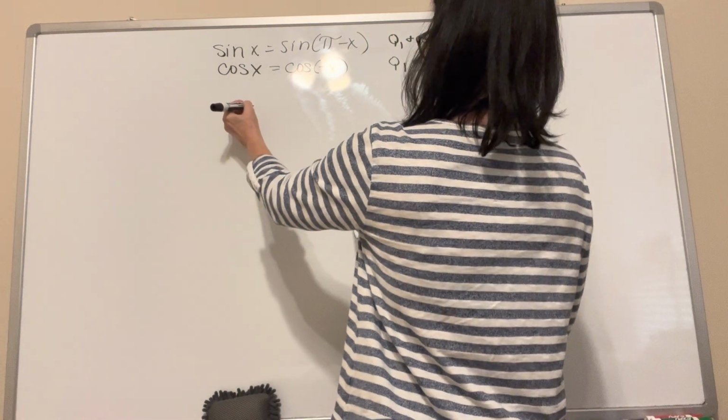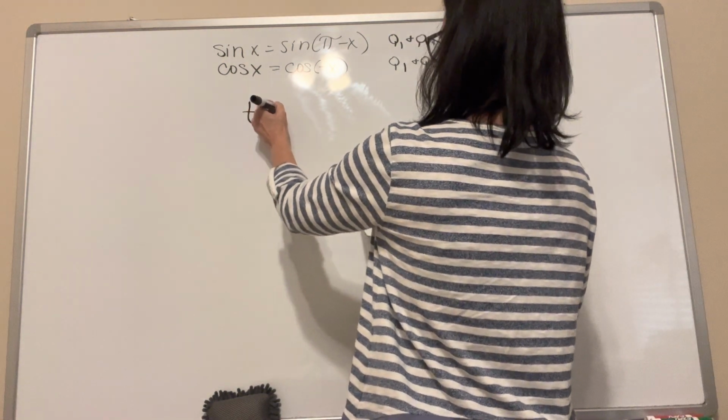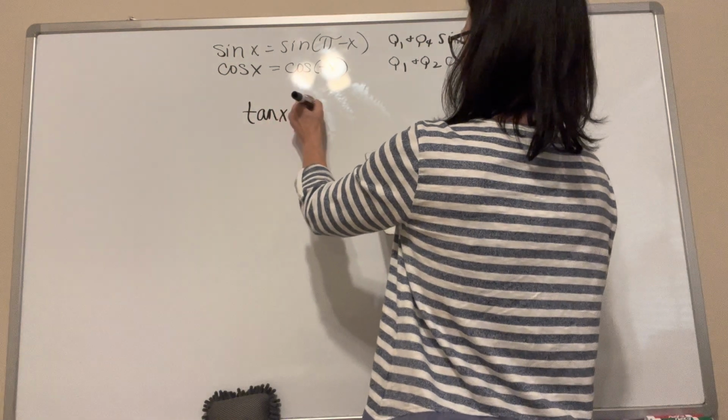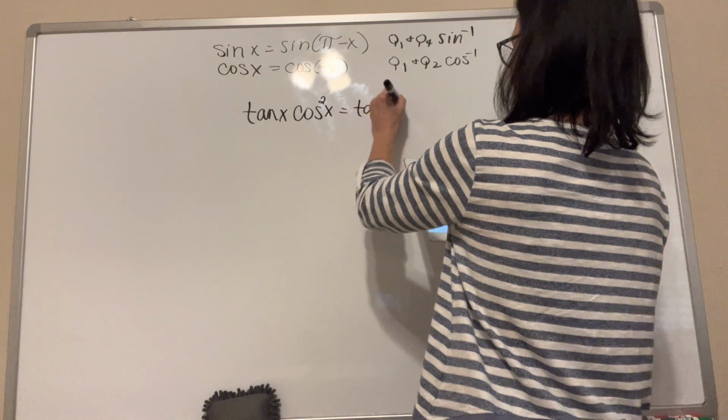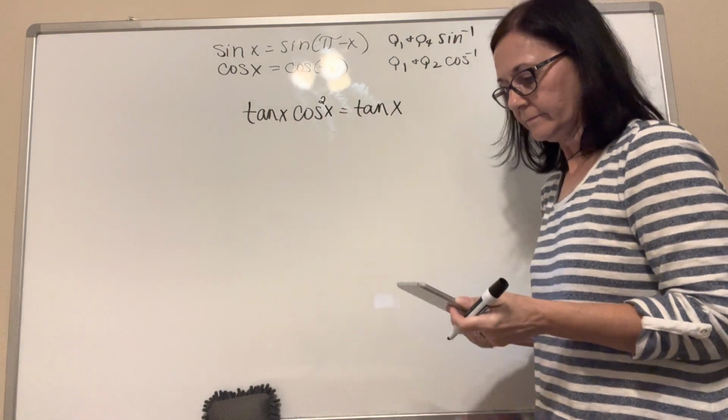All right, so now we want to solve the tan of x cosine squared x equals the tan x.